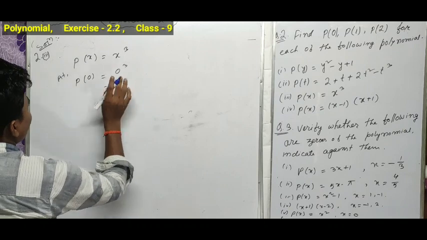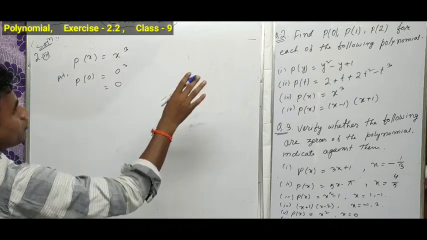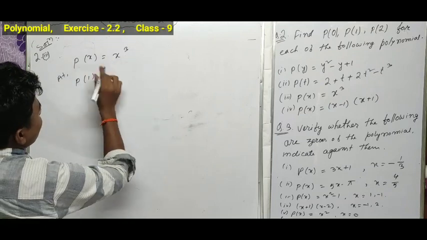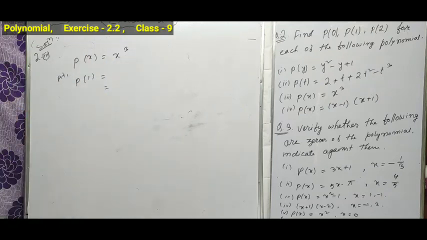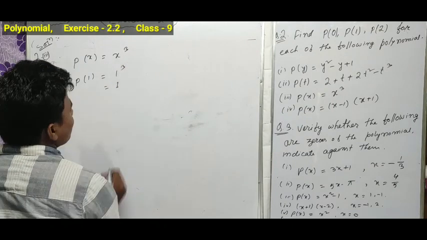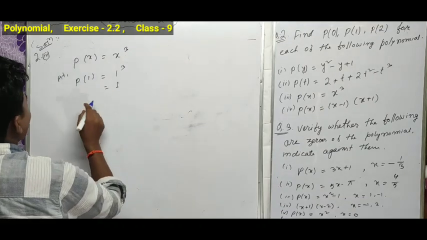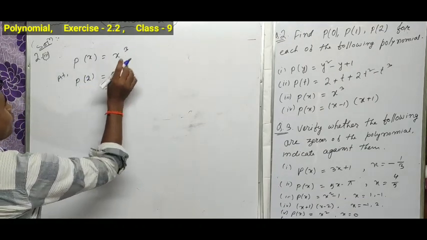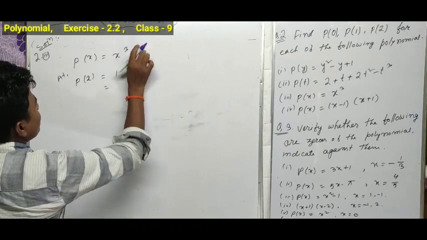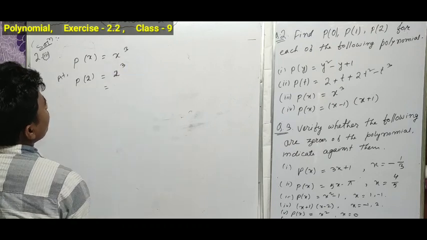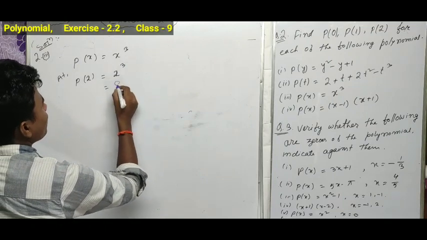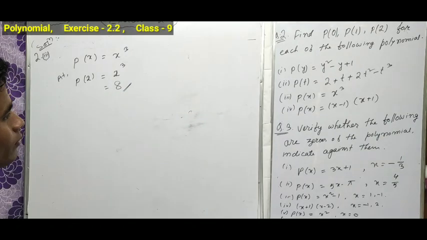Same way, in place of x we put 1, then 1 cube means 1. Same way we do for 2. 2 cube means 2 twos are 4, 4 twos are 8. That one is also very simple.